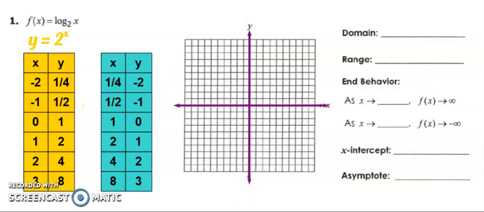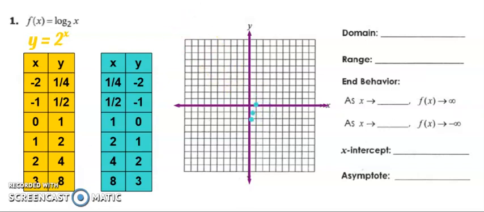Alright, so let's go ahead and start plotting these points. The first one being 1/4, -2. Now it's going to be kind of tricky here. So 1/4 is just really close to that y-axis, and -2 roughly right about here. The next point we have is 1/2, -1. So that'll be somewhere right around that area there. Next point being 1, 0. So that's going to be right about here.